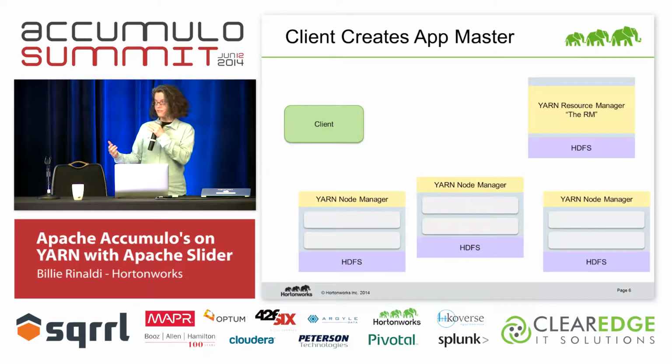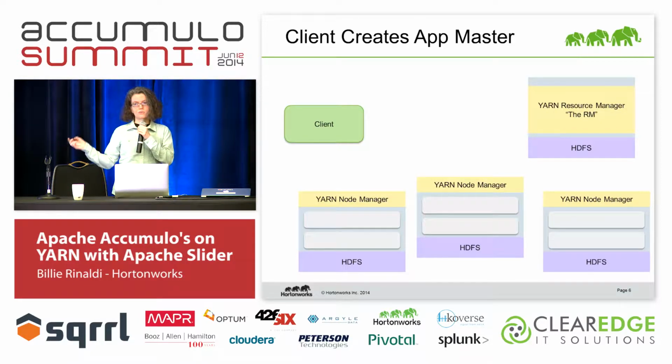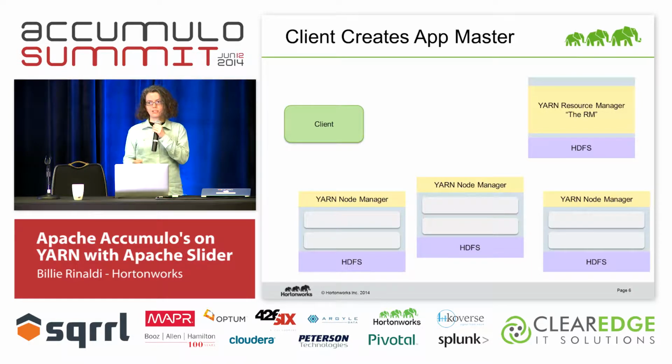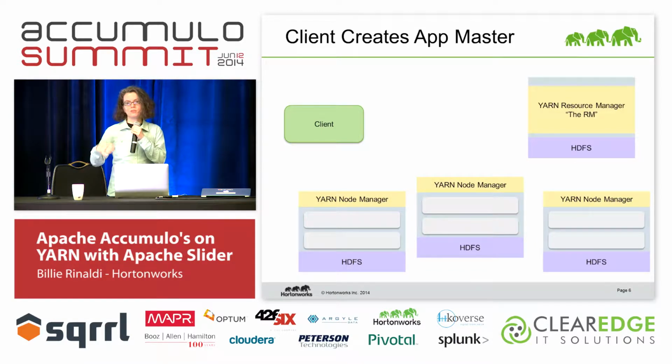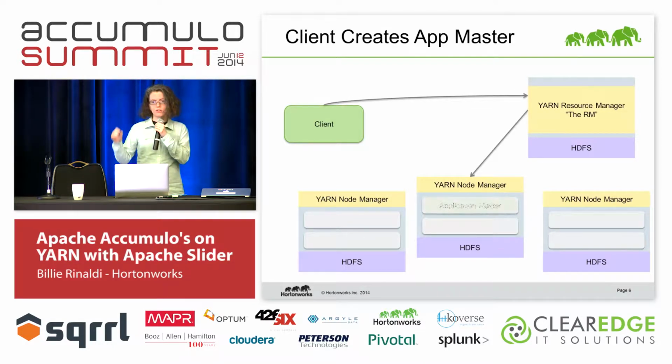So as a client, your client comes, talks to the resource manager, and asks for its first container, and that first container is used for the application master. Each application on Yarn needs to have an application master, so in the old days, the equivalent of each MapReduce job will have its own app master. The app master is then responsible for talking to the resource manager and getting more containers for any other processes that application wants to run.